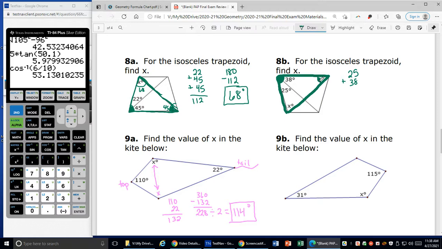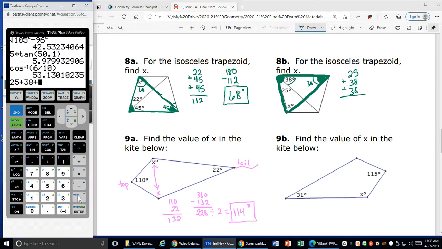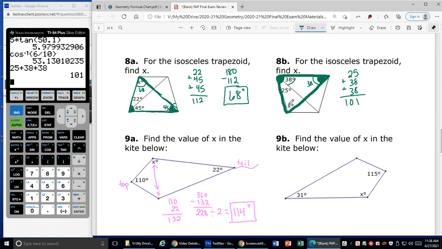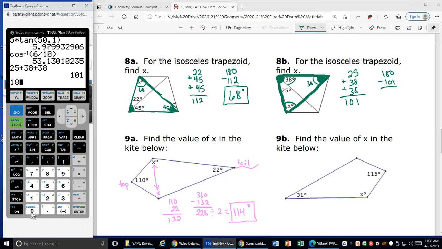And this corner matches with this bottom piece. So these two pieces both have 38 in them. So far, I've used 25 degrees plus 38 degrees plus 38 degrees. I've used 101 degrees. So what's left for this angle here? 180 minus 101.